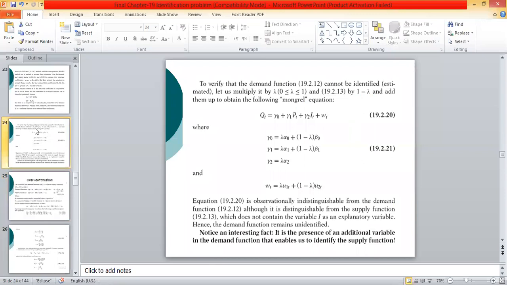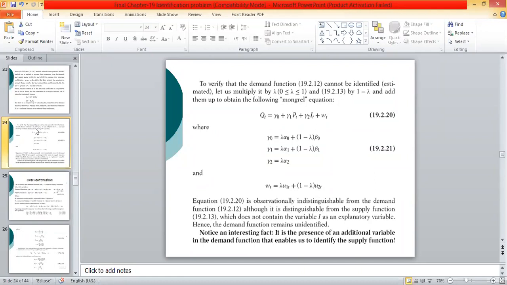Again, we can verify this conclusion by applying the bogus equations. To derive the bogus equation, we multiply the demand equation by lambda and the supply equation by 1 minus lambda.